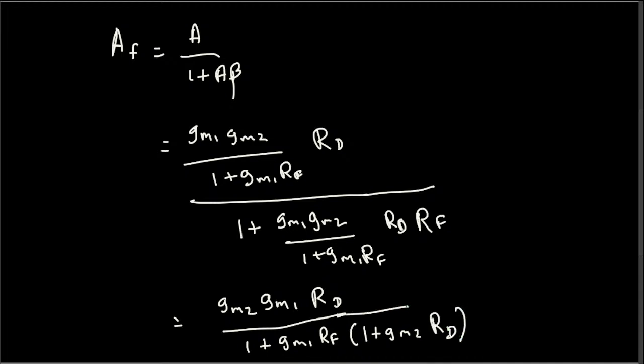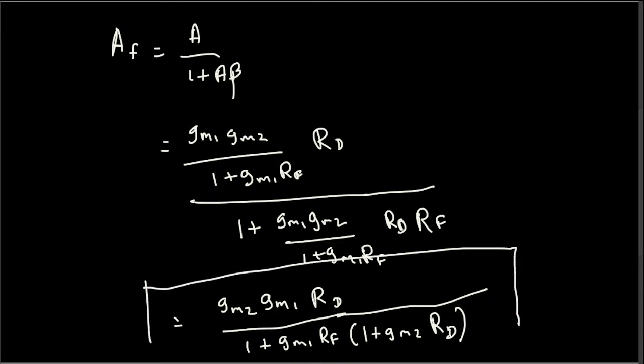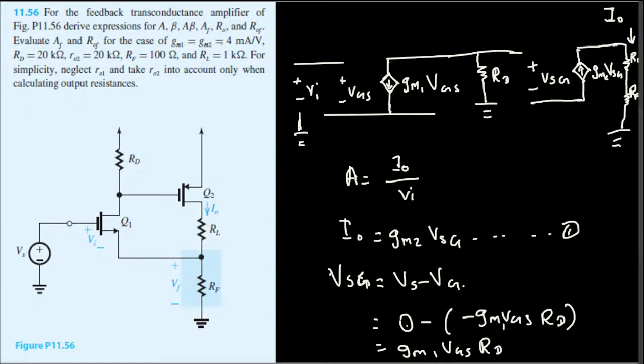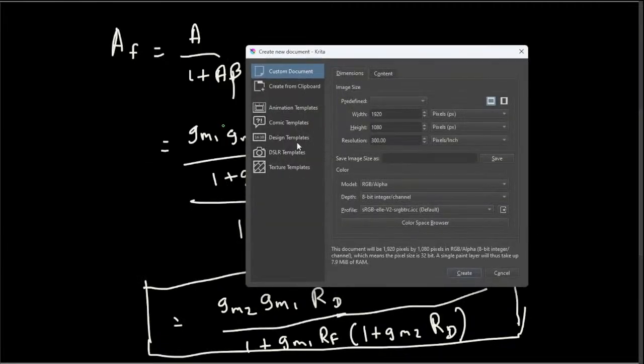This is the simpler expression. Okay, so this is AF. The next one is RO, the output resistance.